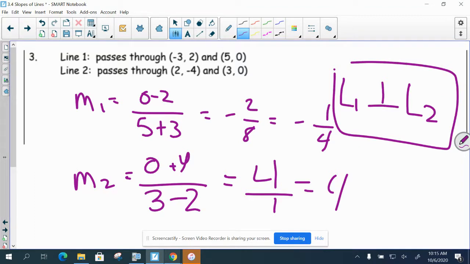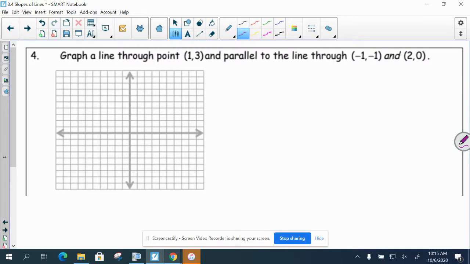All right, next example. Graph the line through point (1, 3) and parallel to the line through (-1, -1) and (2, 0). So it says graph the line that goes through this point and is parallel to this line. Anytime you see parallel, think same slope.